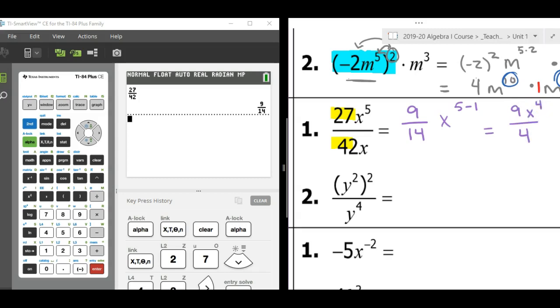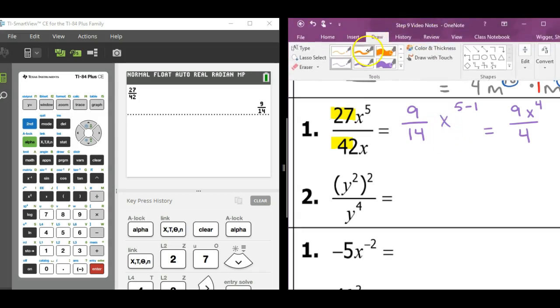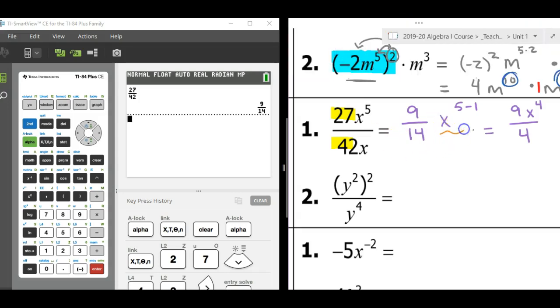Had the exponent been negative, the term would go to the denominator of the fraction, which is why I kind of left it out here hanging in the middle until I did the subtraction and I knew whether to put the x term in the numerator or the denominator.